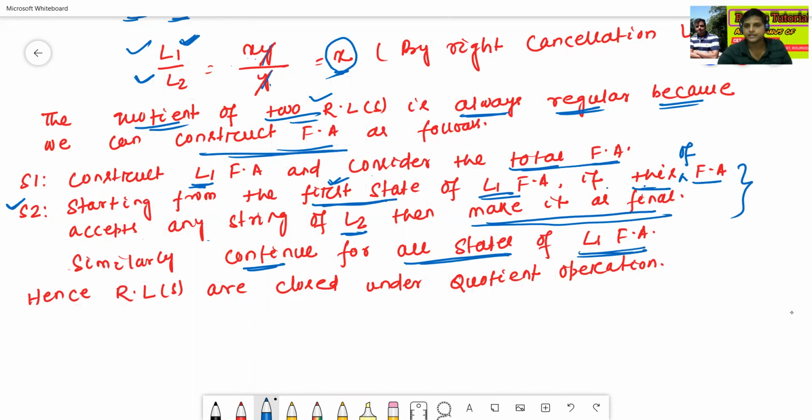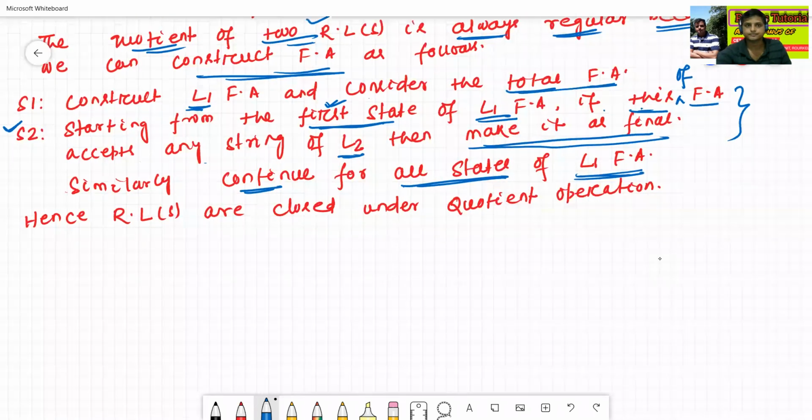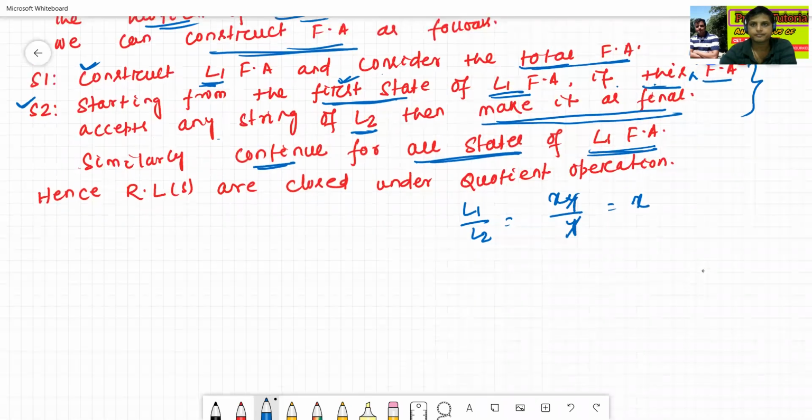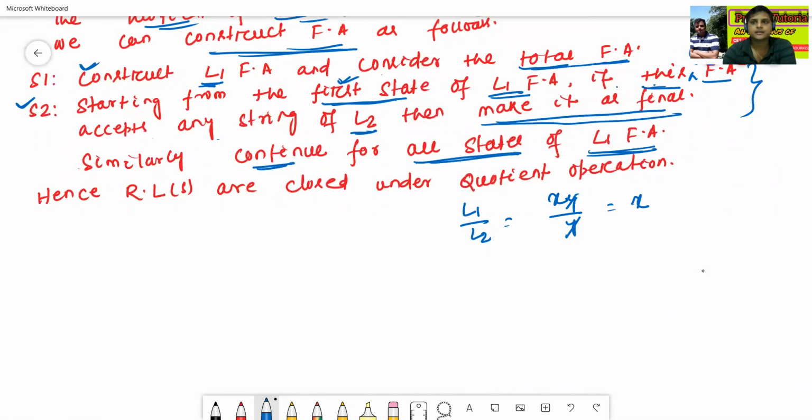Okay, now see here how to construct. L1 divided by L2: XY divided by Y, Y cancels, the output is X. So the first step is to construct the L1 finite automata and consider the total finite automata.